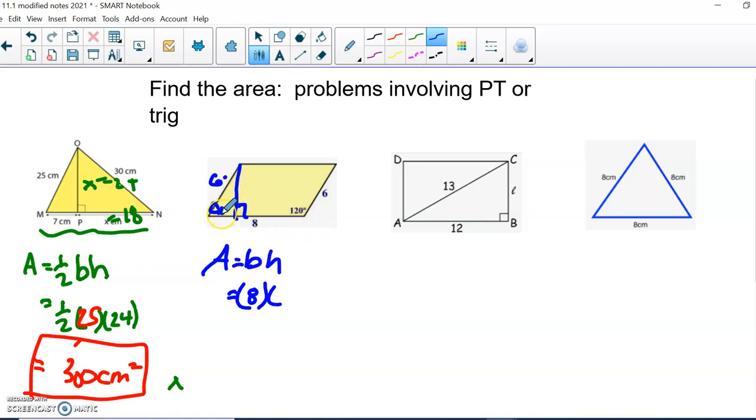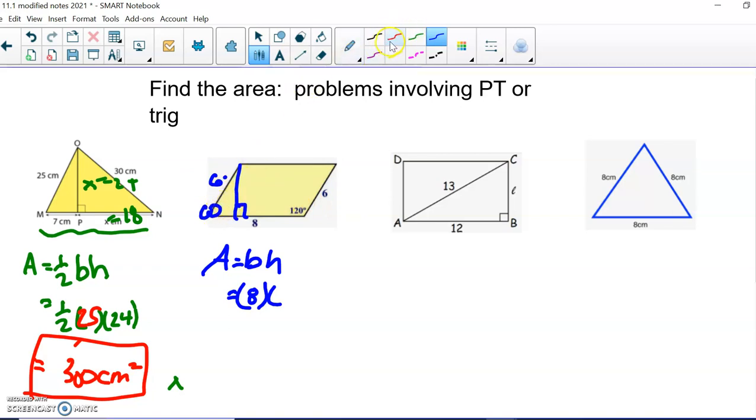I think I'm just going to use trig. So this is 60. I know it's sort of sloppy. Let me fix that. Okay. This is a 60. And I got that because consecutive angles in a parallelogram are supplementary. I carried my 6 over there. I know that because opposite sides of a parallelogram are congruent.